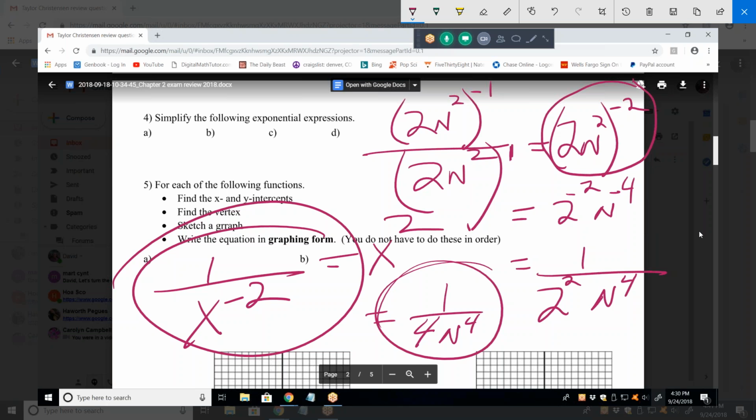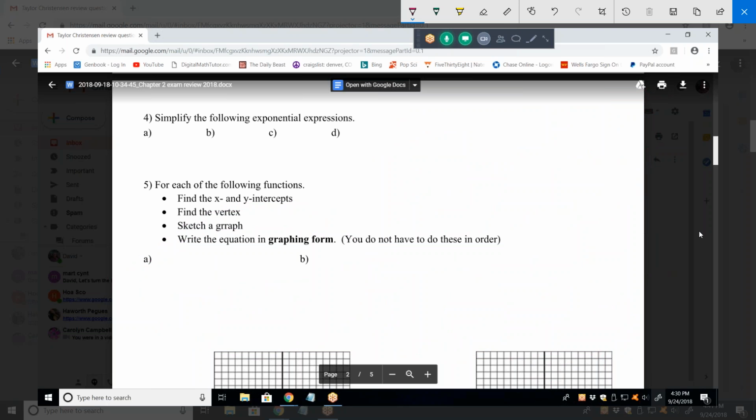If I have 1 over x cubed and I want to move the x to the numerator, then it becomes x to the minus 3. So it works both ways, whether you're moving a numerator to the denominator or a denominator to the numerator. If you do either one, you can just change the sign on the exponent.